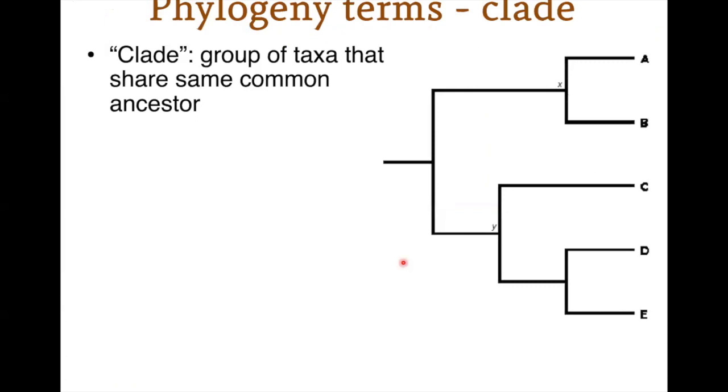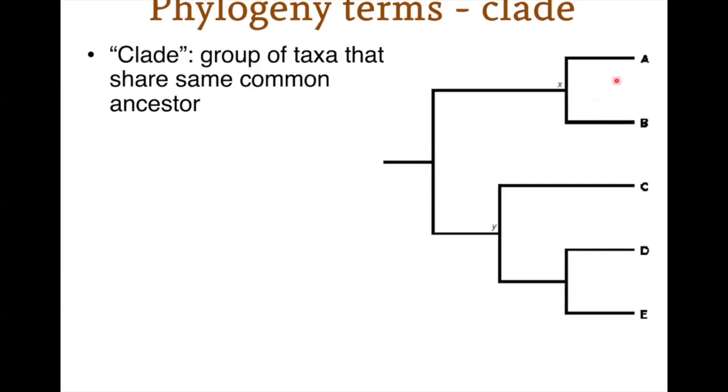And what I want to do is introduce some basic terms. So the first term is clade. So if we look at this phylogeny here, just some basics about phylogenies. So phylogenies are a way of representing the evolutionary relationships between organisms. And so on the right, or at the tips of the tree, these are the extant lineages. And as we go back in time, we go back to more distant populations that existed in the past.